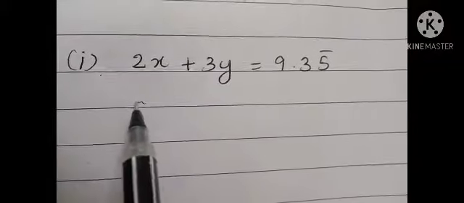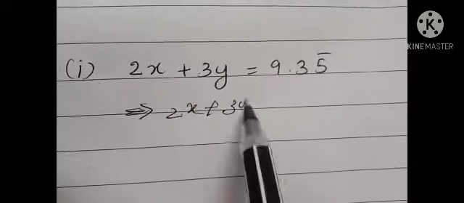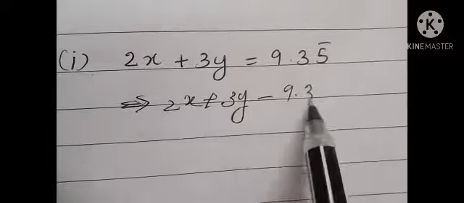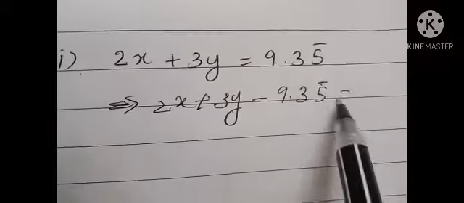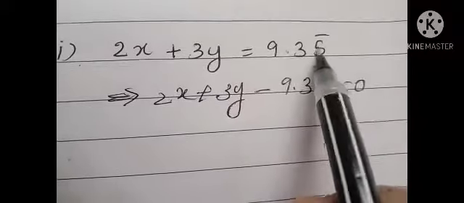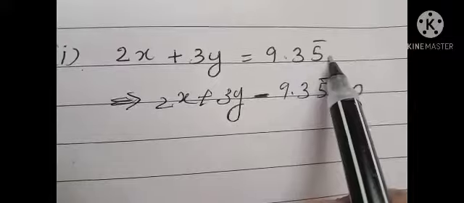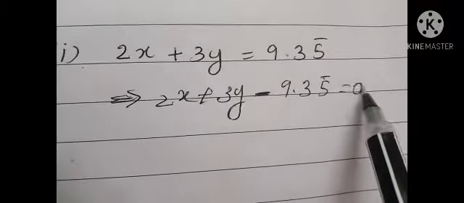So we can rewrite it as 2x plus 3y minus 9.35 bar equals 0. When we transpose positive 9.35 to the LHS, it becomes minus.